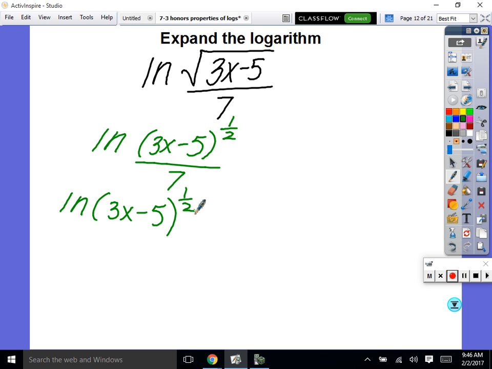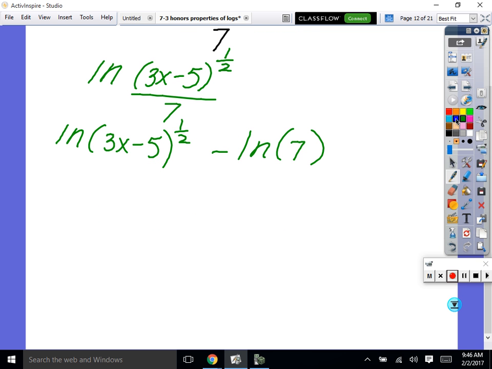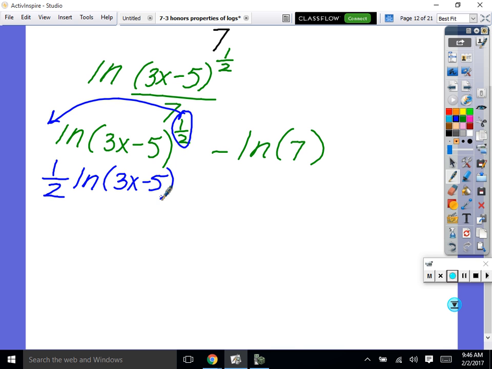So minus ln of 7. And now what we're going to do is pull the 1/2 out in front here. So we have 1/2 ln of 3x minus 5 minus ln of 7.